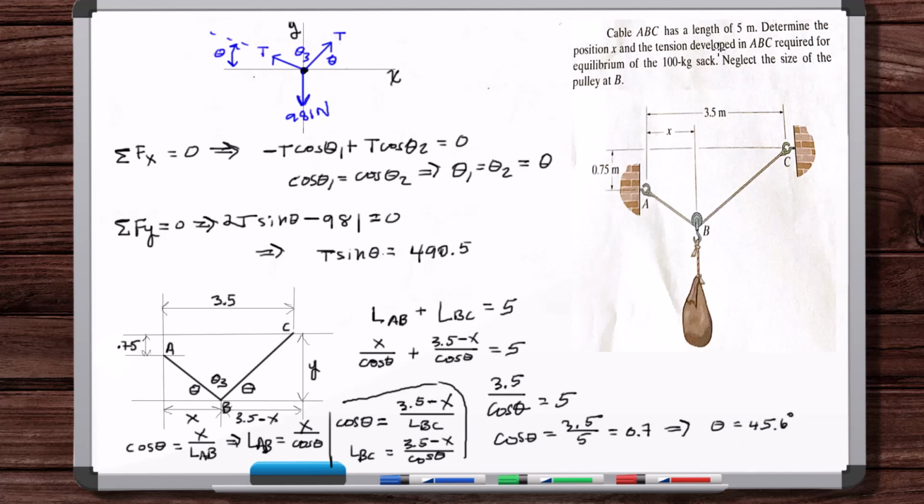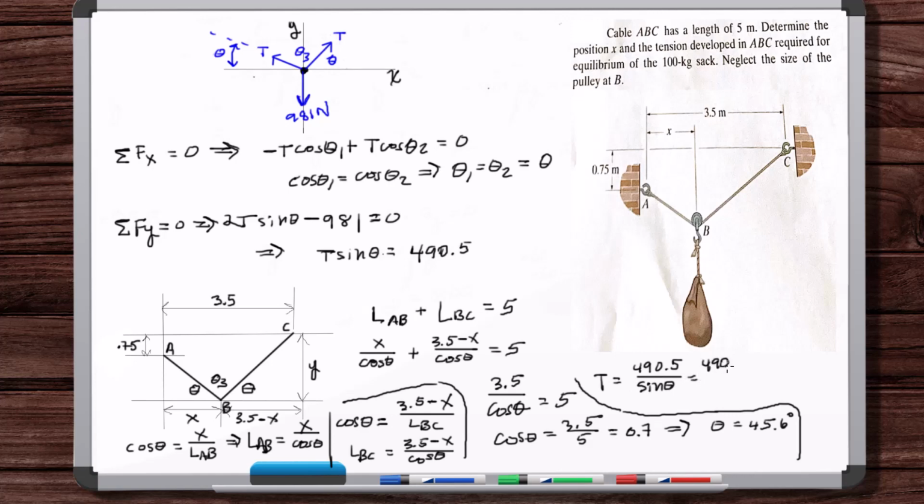Okay, they didn't ask for theta. They're asking for this x here. Unfortunately, we can't come back to this equation, substitute theta, and solve for x, because x canceled out in this equation. We can solve for T though, so we might need T, so let's do that. So T is equal to 490.5 over sine of theta.